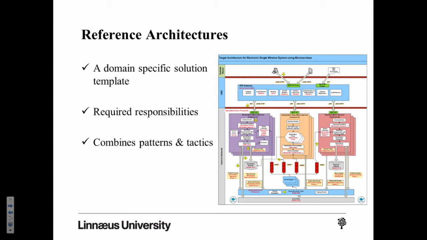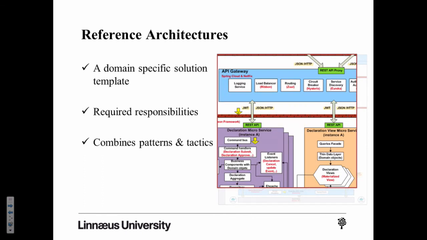And if we zoom in, because I think it's a little bit difficult to see the details here, in this case you can see that at the top they have an API gateway. And in that API gateway, there should be a logging service, there should be a load balancer, and they even suggest an implementation there.